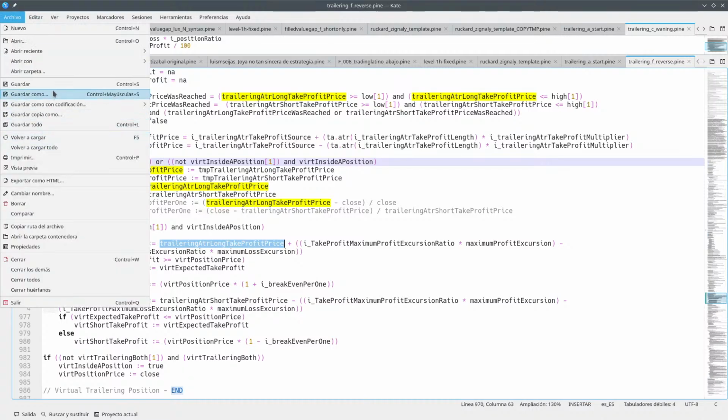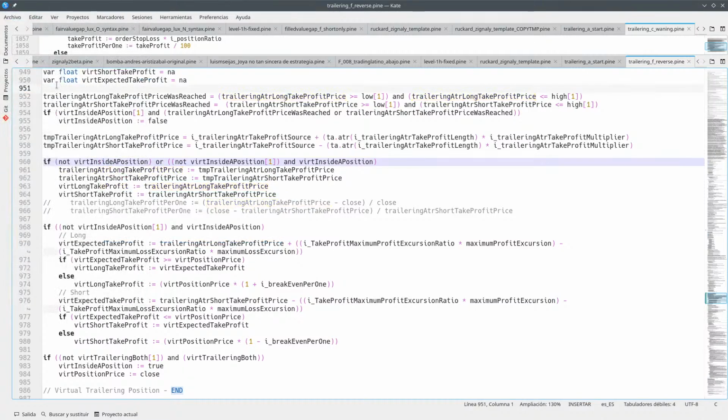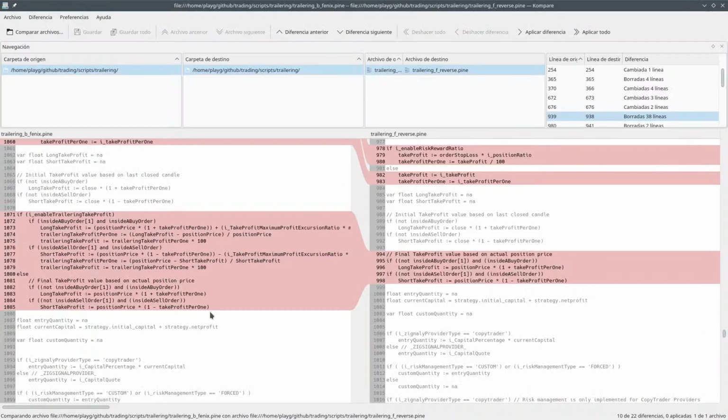Wait a moment. This is not right. This should be run every time. Have we checked this properly? If you are inside the buy order, then inside the buy order.